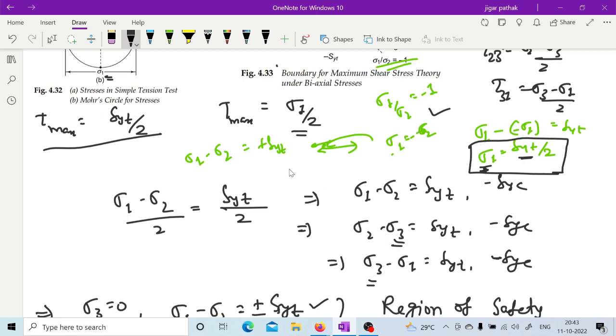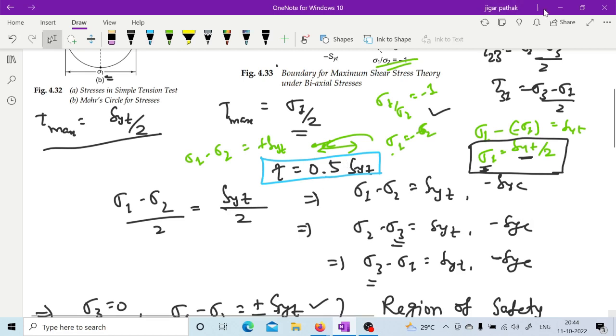Basically the shear strength in the case of the maximum shear stress theory is nothing but 0.5 times the ultimate tensile strength. So this is how your maximum shear stress theory gives this value of maximum shear stress. It is 0.5 times the yield strength in tension.